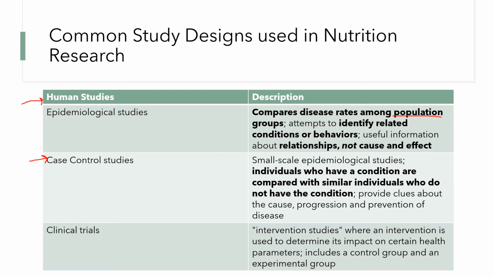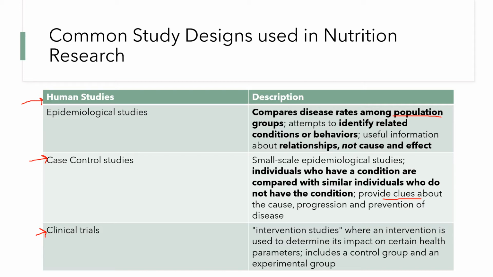Again, the case control study is providing clues about the cause, the progression, and or the prevention of a specific disease, but still not suggesting or proving a cause and effect relationship. And then clinical trial is where we can start to get even a little closer to cause and effect.